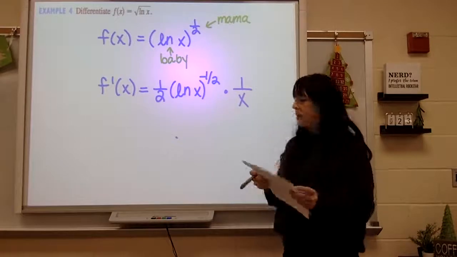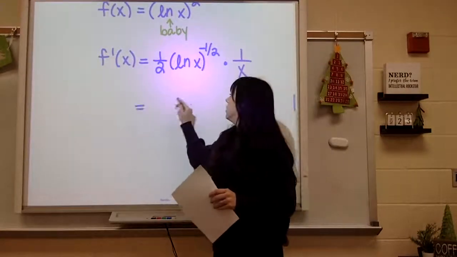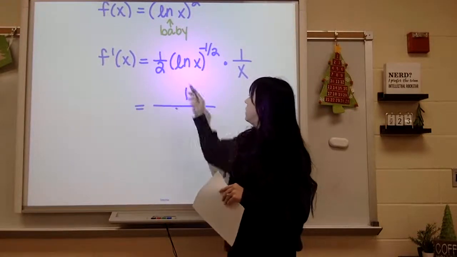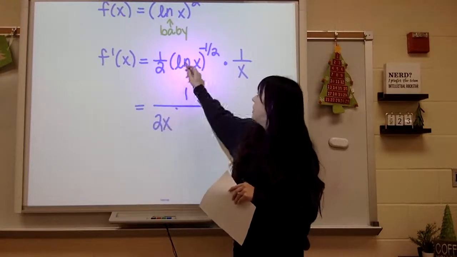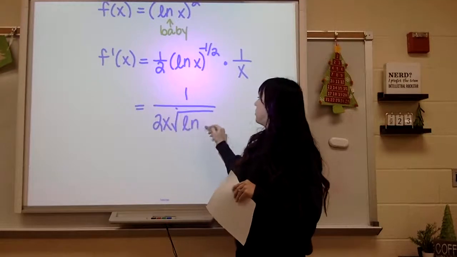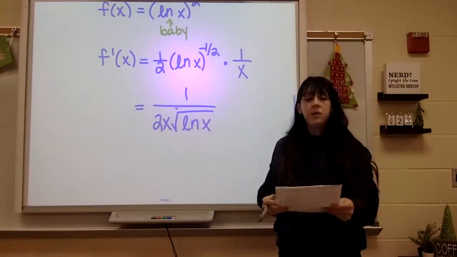Put it all back together. So we would have a fraction. I think the only thing on the top of the fraction is a 1. 2 would be on the bottom, x would be on the bottom, and ln x to the 1/2 power would mean a square root. So that would be the most simplified answer you could get.